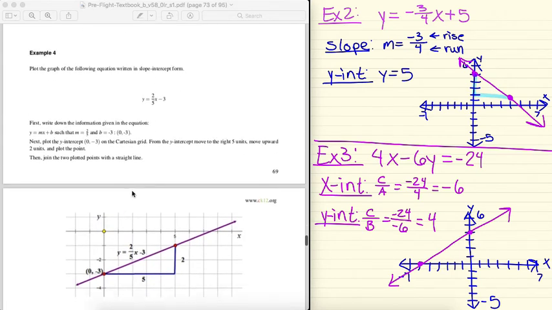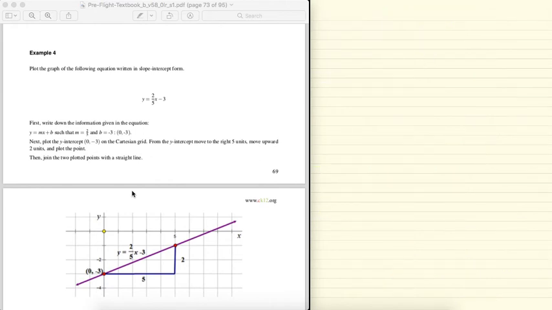All right, let's keep going and take a look at example 4. I think now would be a good time, if you're feeling really confident with this material, to pause the video at this point and then press play when you're ready to see the answer for example 4 and see if it matches mine. So example 4, plot the graph of the following equation written in slope-intercept form. We have y equals 2/5 x minus 3.